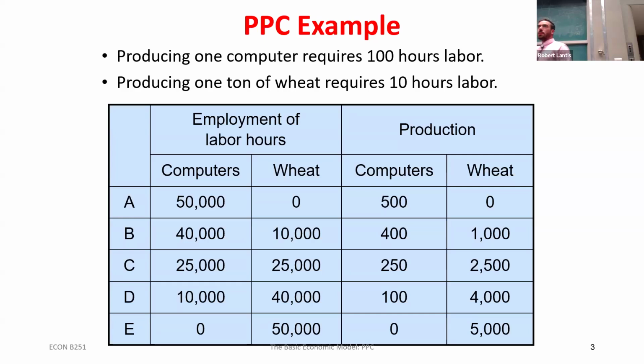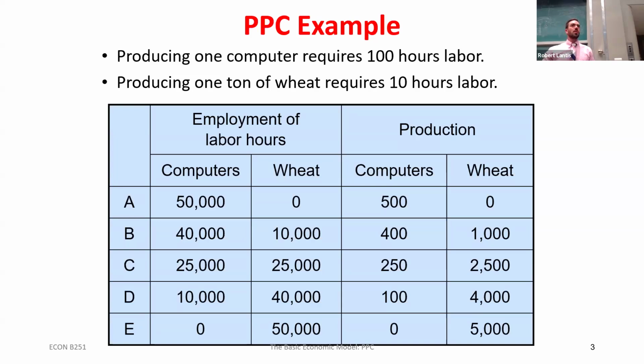Y is your rise, x is your run, however you learned it. If I just take my two extreme points, it's very easy to find the slope of this line, because if I'm going from 500 to 0, and then 0 to 5,000, I get negative 1/10, right?